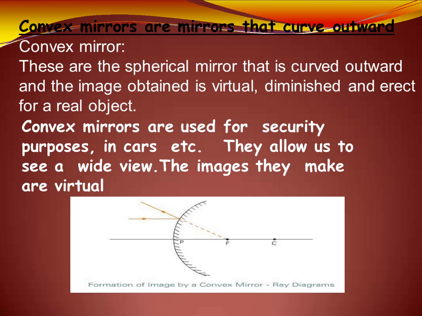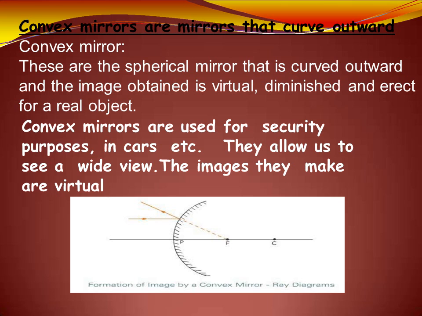These mirrors can mostly be seen as car mirrors, so that we can see everything behind us. As the mirror is small but the object appears diminished, we can see 2 to 3 cars or 2 to 3 bikes.